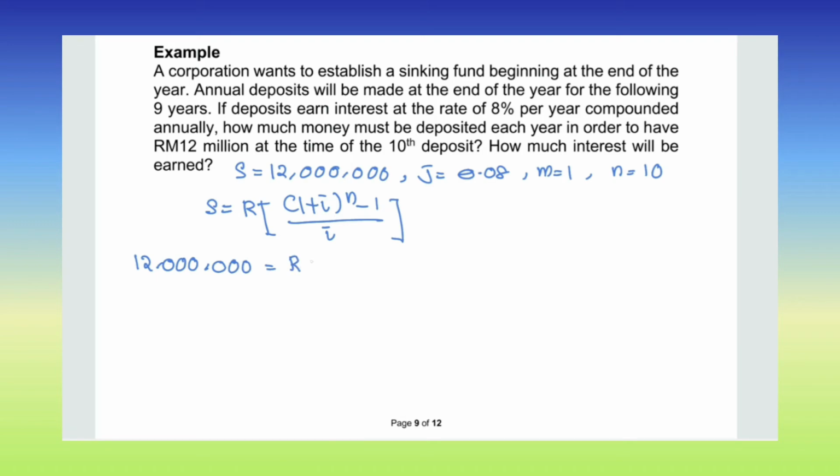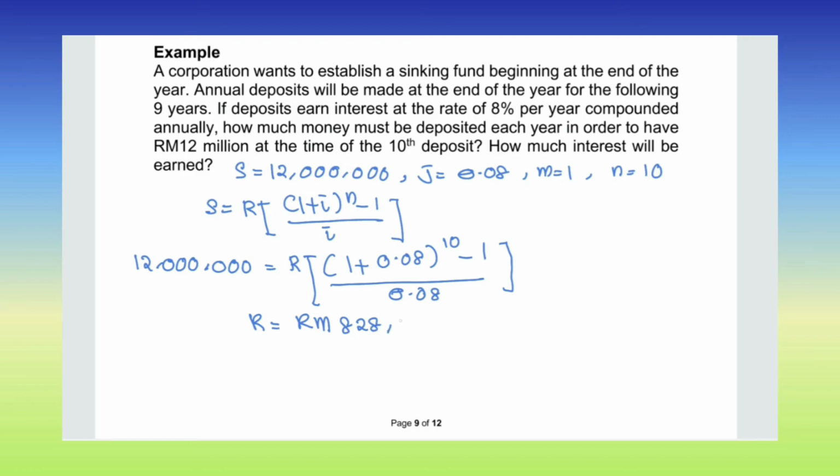R that we want to find, 1 plus I. I equal to J over M. So we have 0.08 to the power of n, 10 minus 1 divided by 0.08. So R will be equal to RM 828,353.80.